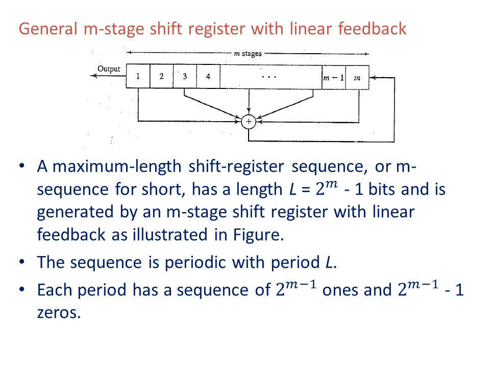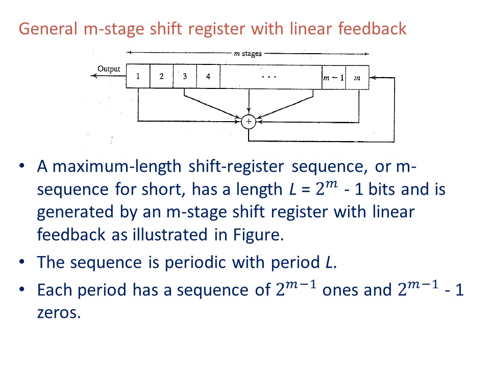That is, if L is equal to 7, that means the length of the sequence is 7, in that case m will be equal to 3, that means 2 to the power 3 minus 1 is equal to 7. So if L is equal to 7, m is equal to 3. In that case, in that particular sequence, the number of ones will be 2 to the power m minus 1, that is 2 to the power 3 minus 1, that is 2 to the power 2, which is equal to 4.